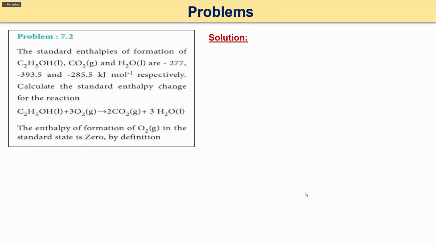So let us solve this problem where it is given that the standard enthalpies of formation of C2H5OH, that is ethanol, carbon dioxide and water, are minus 277, minus 393.5 and minus 285.5 kilojoule per mole.